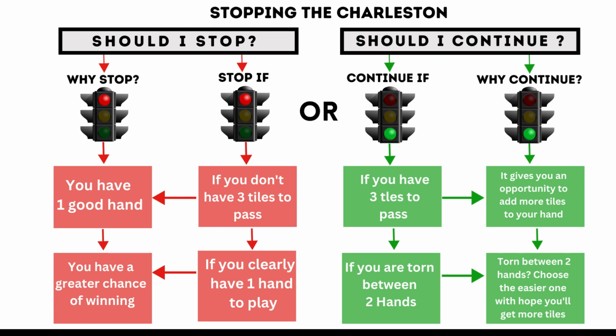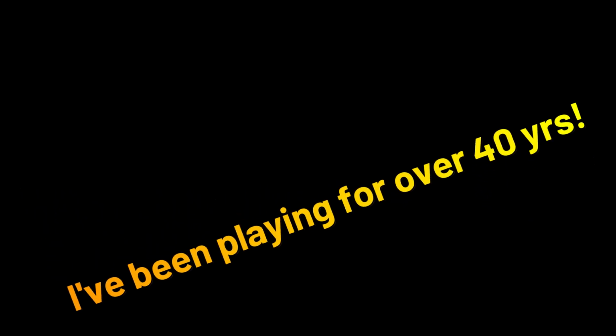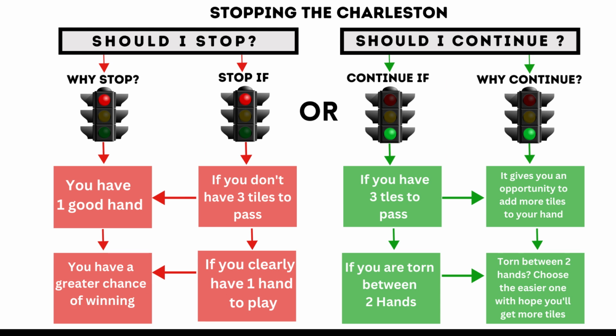Now, honestly, that's not the right attitude, because having played Mahjong for as long as I have, and I'm going to just say it's 40 years plus, I have evaluated over and over again how many times I get new tiles in the second Charleston and even on the optional across 7th and last pass. That in itself is great reason to continue the Charleston.